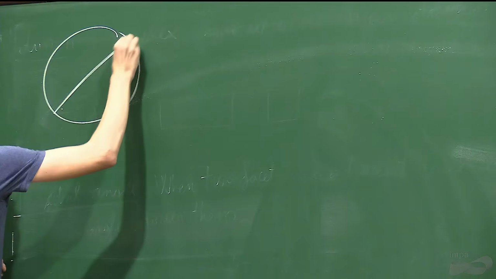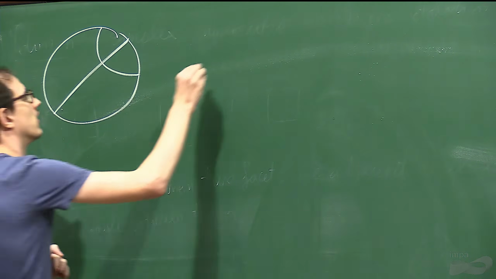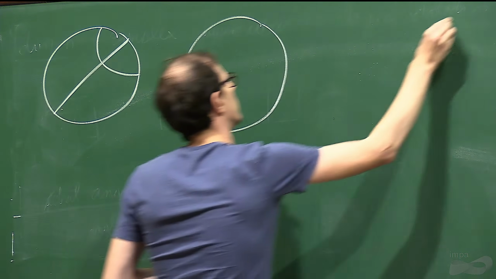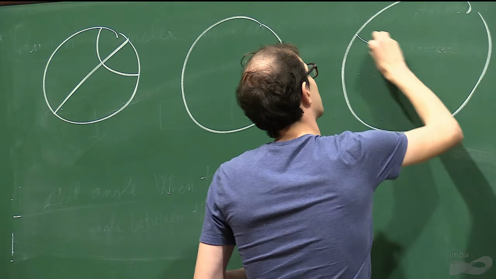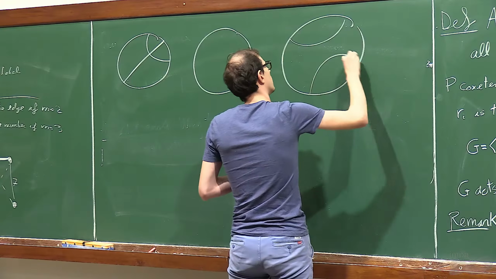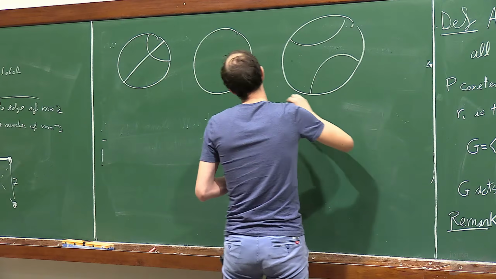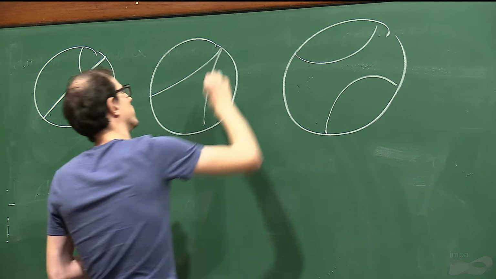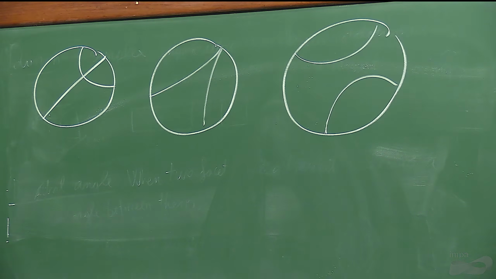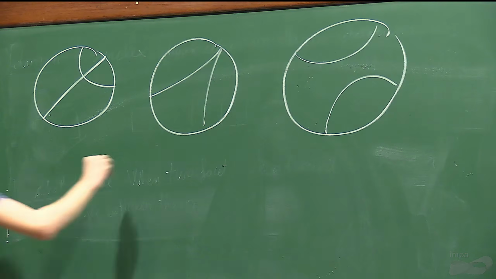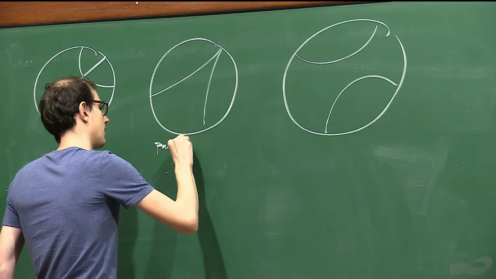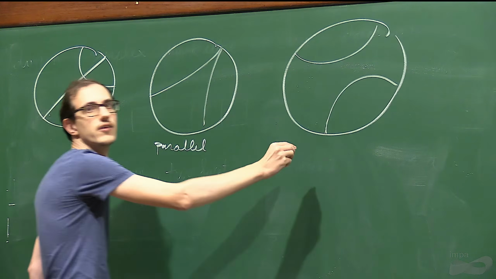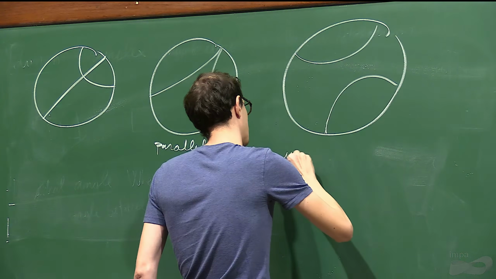They could intersect, they could be ultra-parallel, or they could be parallel, which means that they just go to the same point at infinity. These are parallel. These are not; these are what's sometimes called ultra-parallel.